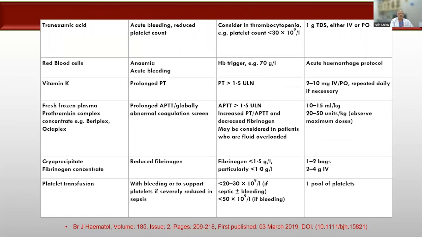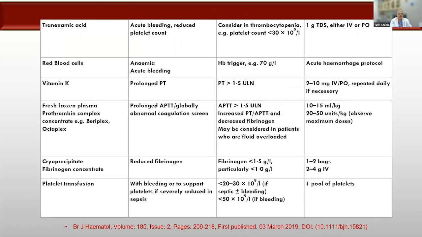So tranexamic acid or epsilon aminocaproic acid is recommended with this acute bleeding, 1 gram 3 times a day, either IV or PO. RBCs if there's severe anemia, less than 7 gram%. Vitamin K if the PT is prolonged.